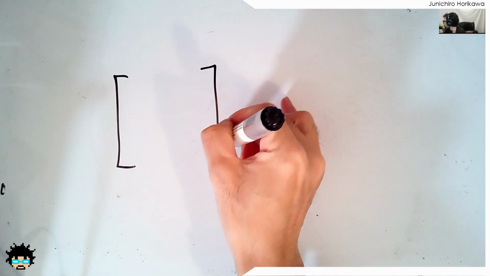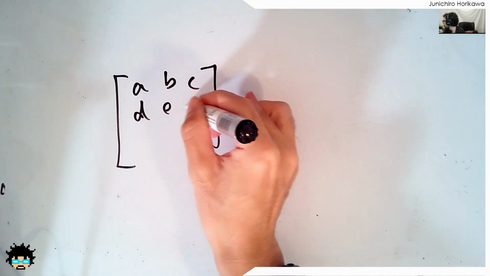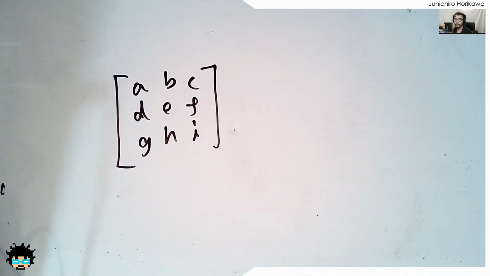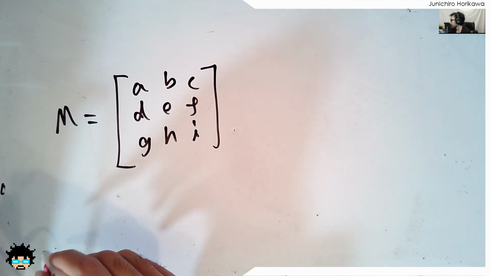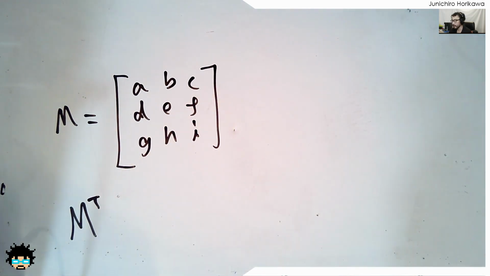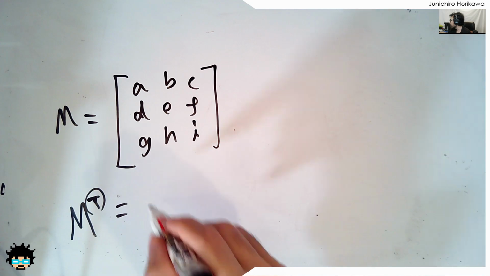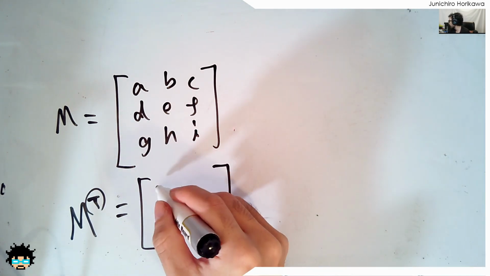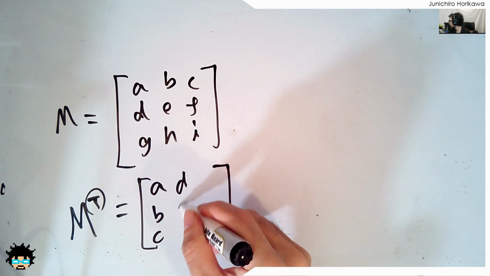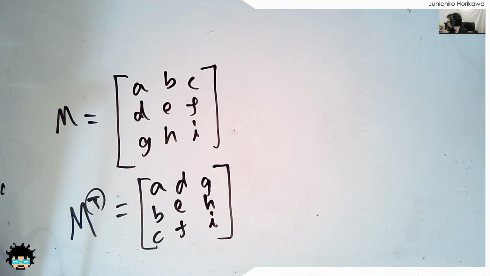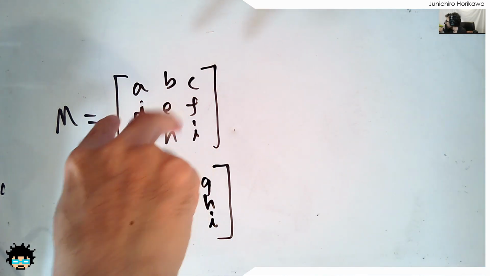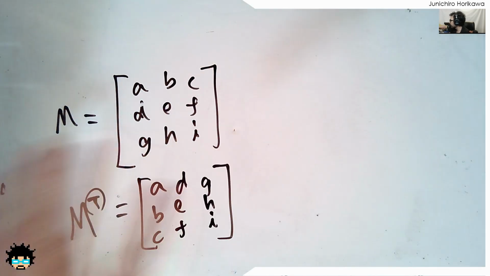Let's say you have a 3x3 matrix, A, B, C, D, E, F, G, H, I. When you want a transpose matrix of the original matrix, let's say this is M, the transpose matrix is written with a T at the top right corner, and it can be written like A, D, G, B, E, H, C, F, I. This means that the rows and columns have been switched.